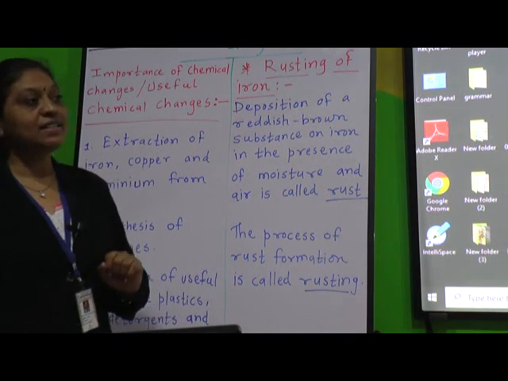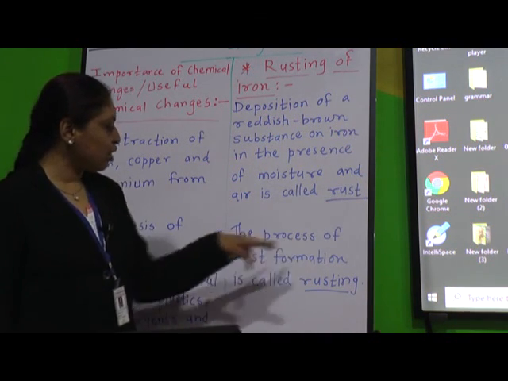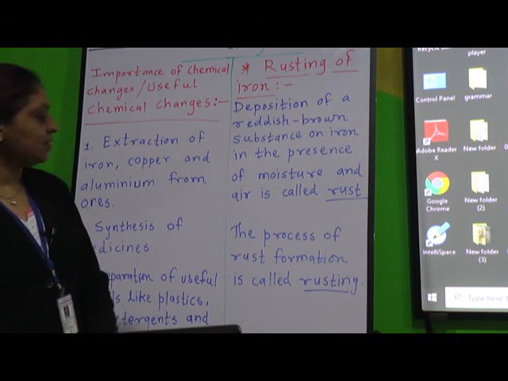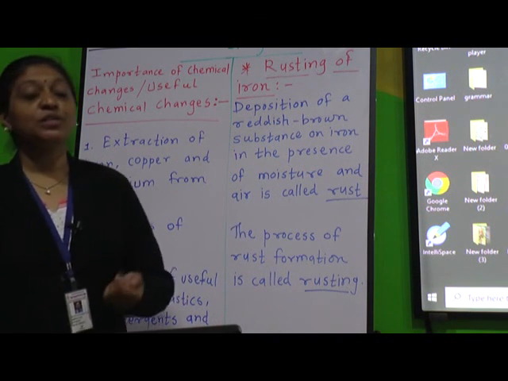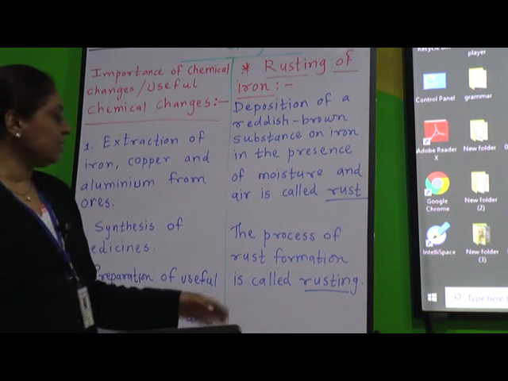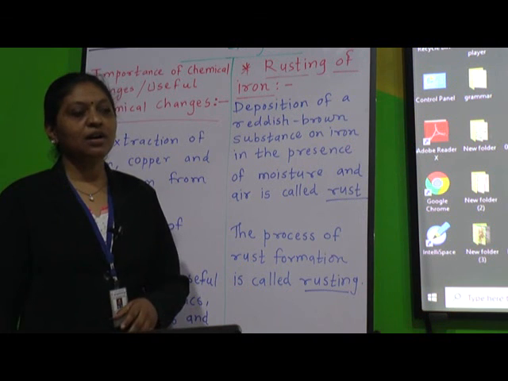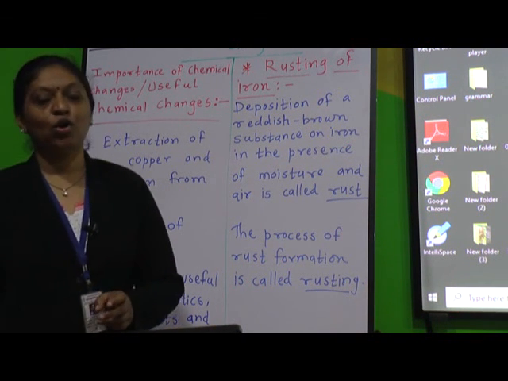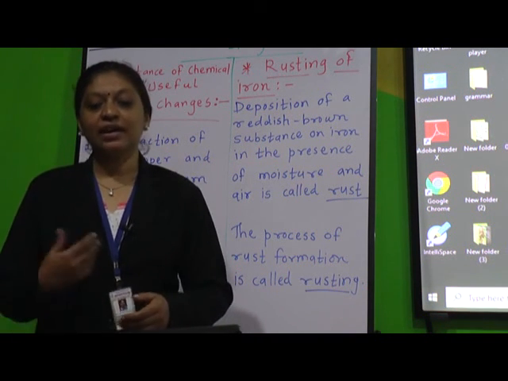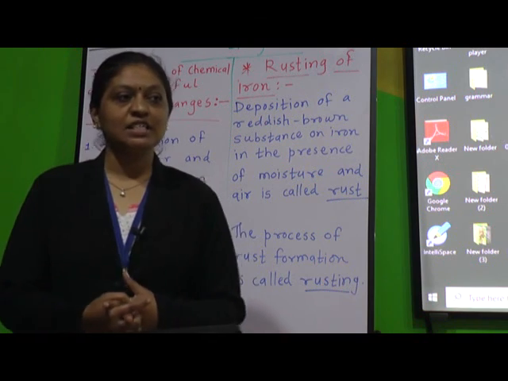That is called rust, and the process of rust formation is called rusting. We are going to learn exactly how rusting of iron occurs, and what the reaction of rusting of iron is, in this point.